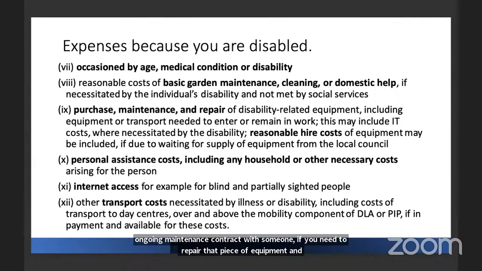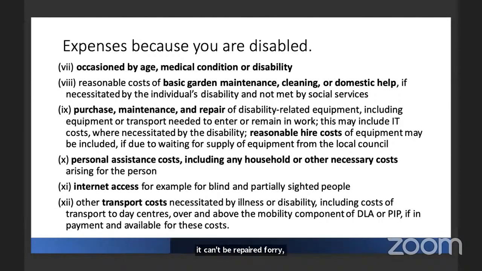And further down that same paragraph, it says reasonable hire costs of any equipment can be included if you're waiting for the supply of that equipment from the local council. So if you are on a waiting list for an OT assessment and you need to hire a piece of equipment in the meantime, make sure that you identify that as a disability related expense to the social services.